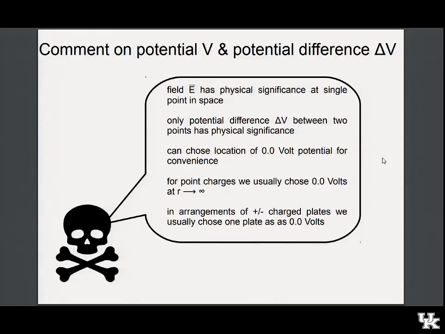Now, that has a consequence. The consequence is the following, that you are free to choose the electrical potential to be 0 at any point you like. So on the one hand, that sounds, well, nice, I like freedom.